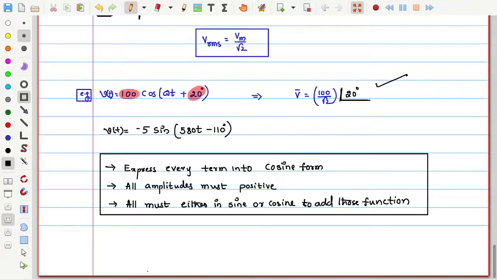So let us see this. For this example, the amplitude is negative, first thing, and whether the angle is negative or positive doesn't matter. Another important observation: this is sine. What shall I do is convert this sine into cosine form.